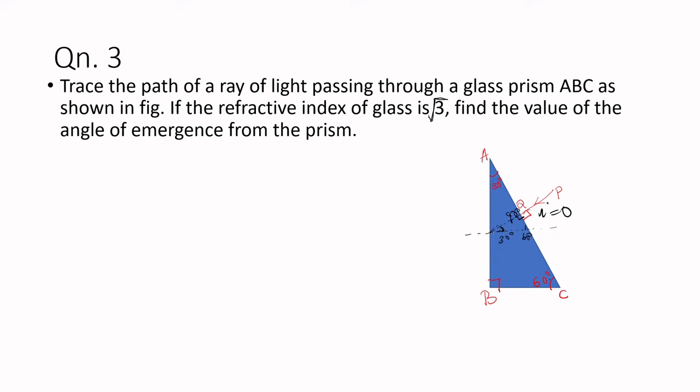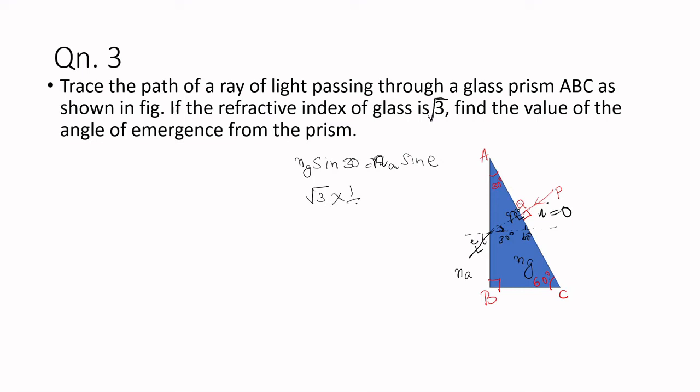Now the ray has to emerge, let us say like this, through an angle E. So according to Snell's law, Ng into sine 30 should be equal to Na into sine E. Ng is √3 given in the question.